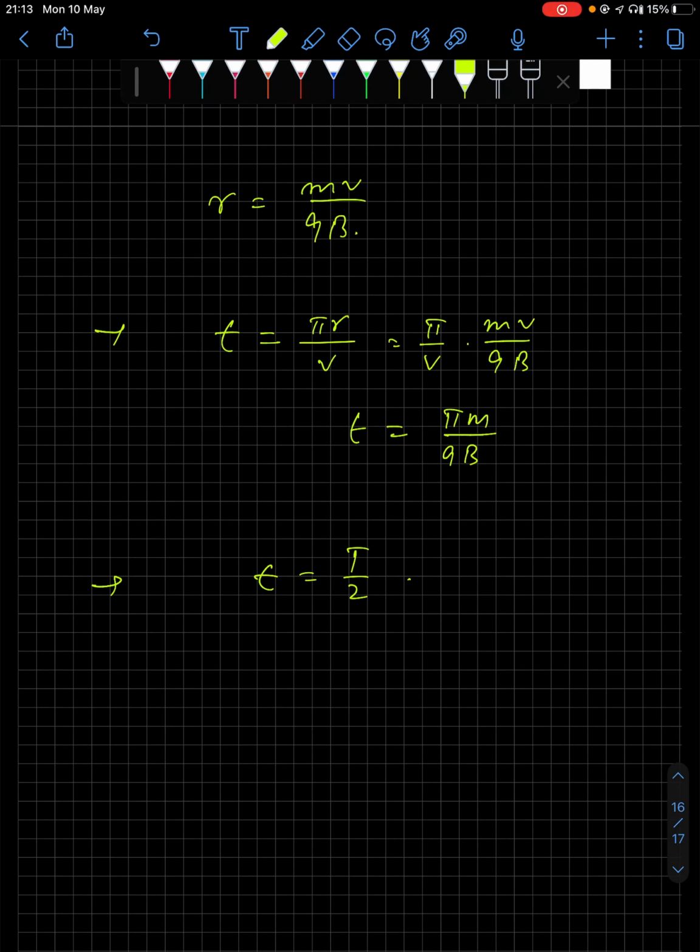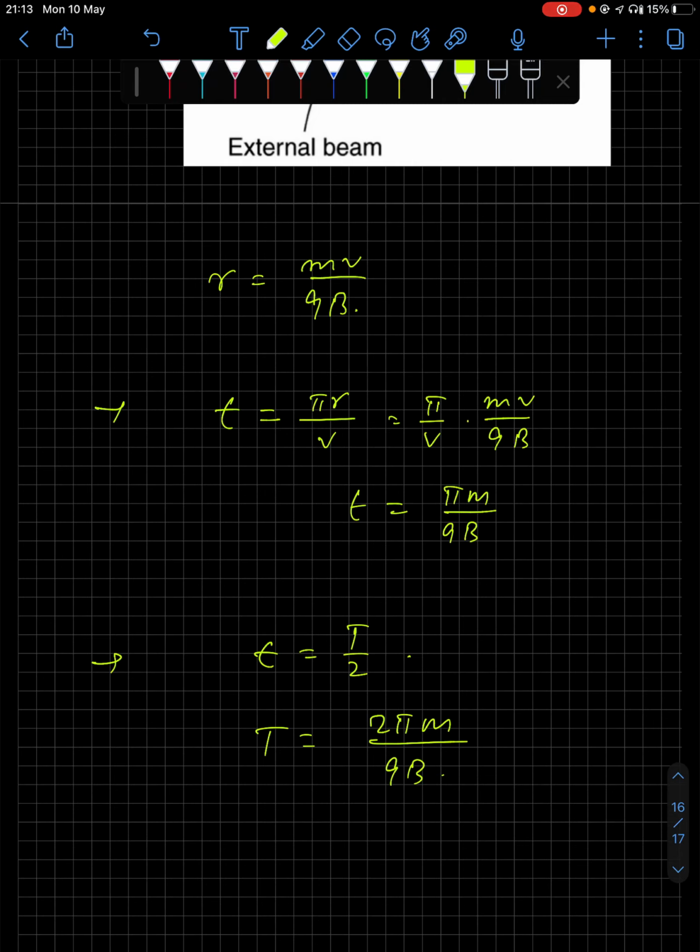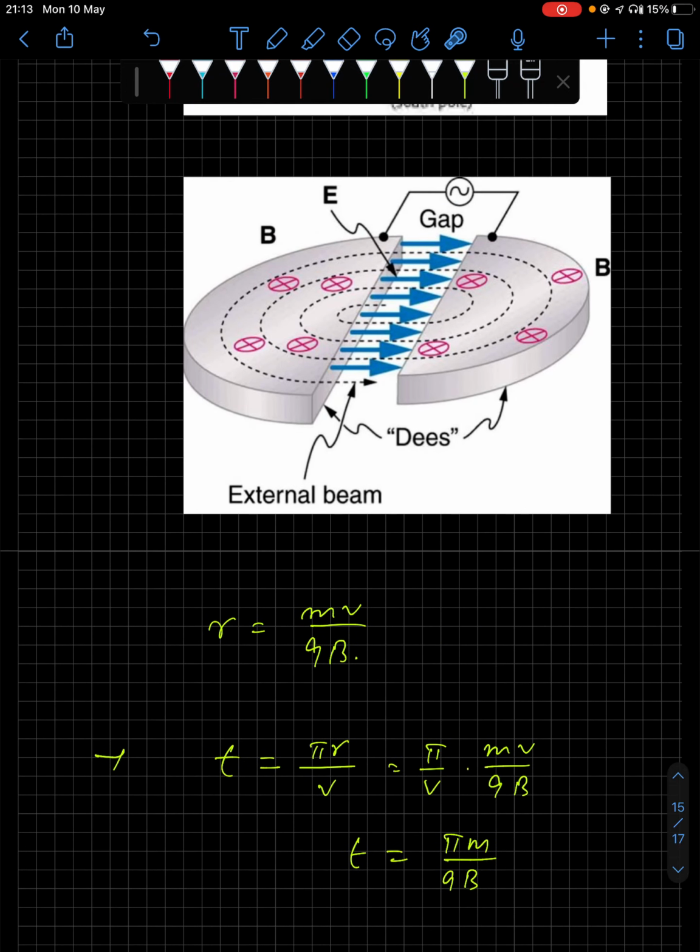So capital T is equal to 2 pi m by qB, by using the relation for small t. This is the same relation we came across previously, where the charged particle was entering perpendicular to the magnetic field. You can also call this capital T the time period of the charged particle to complete one oscillation.